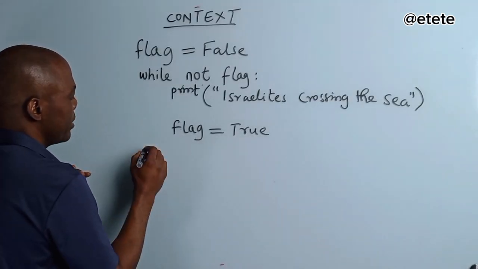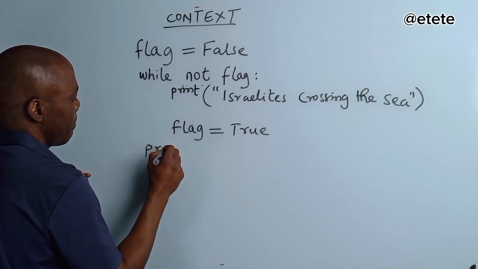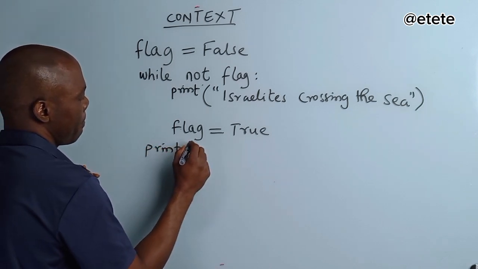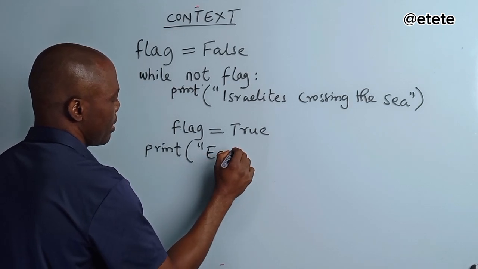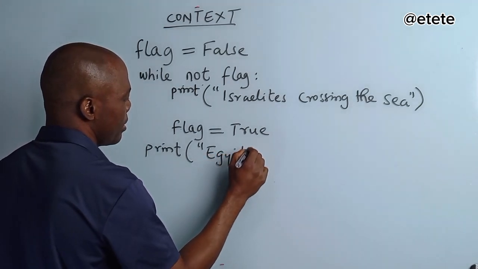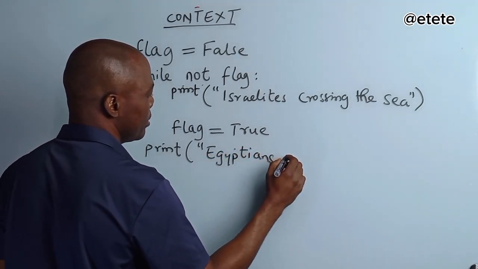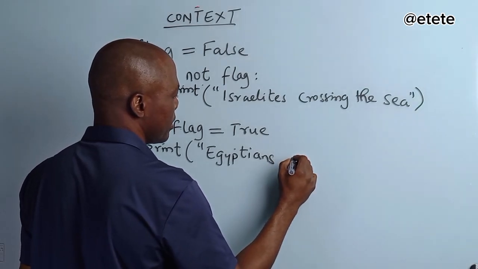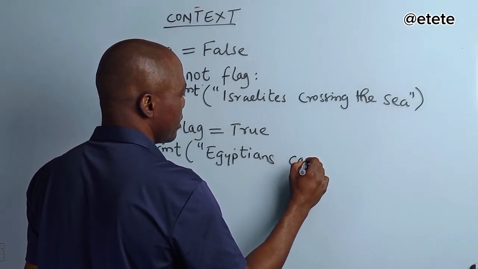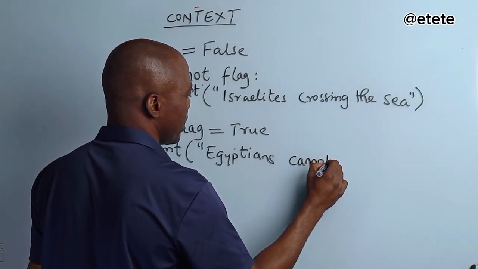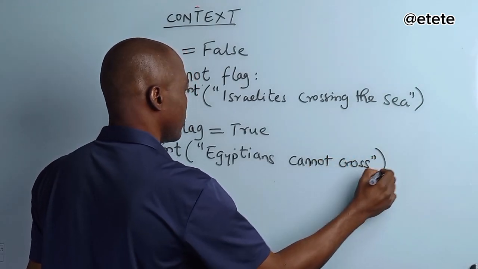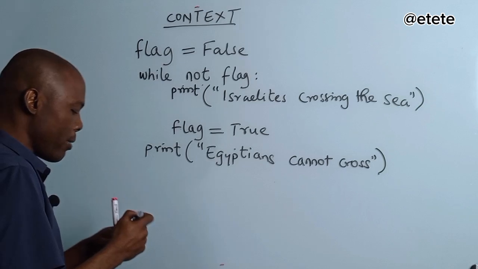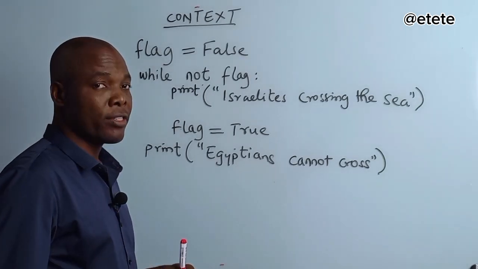Then I come here, I say print Egyptians cannot cross, right? Now, this is my script.